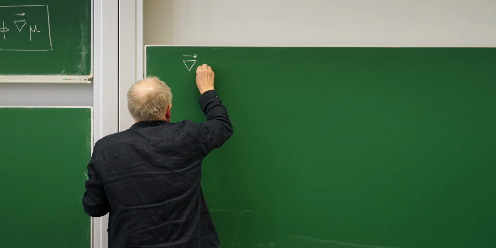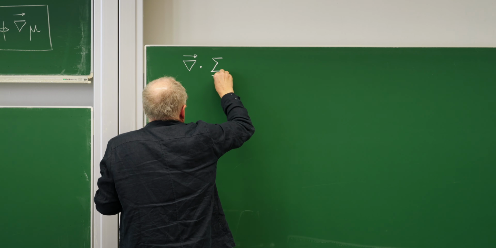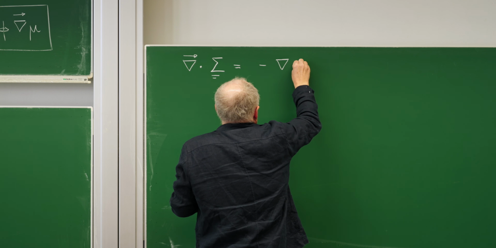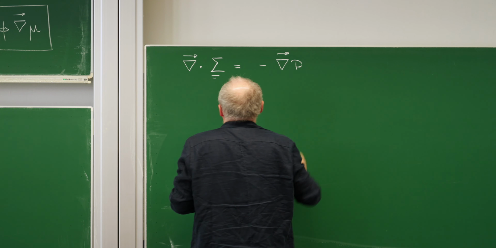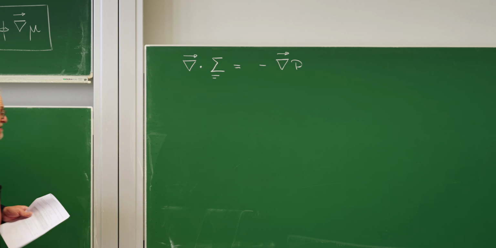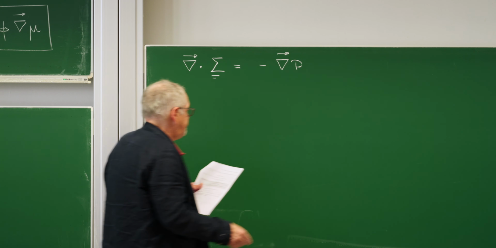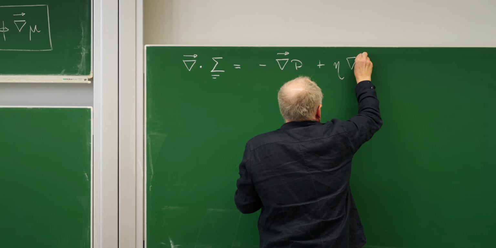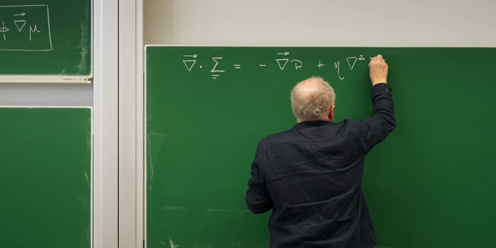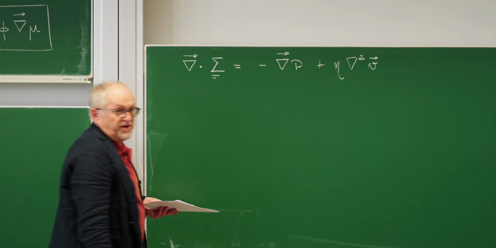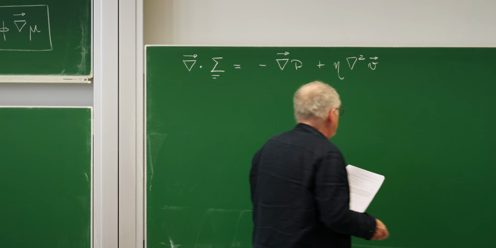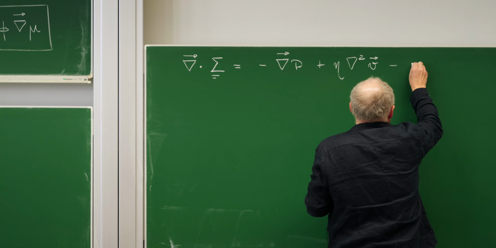So this means in total that nabla on our stress tensor is, so the forces here are due to gradients in the pressure, and then there's a contribution coming from dissipation, because we have just shear viscosity, eta, and the system is incompressible, that's the only thing we have.